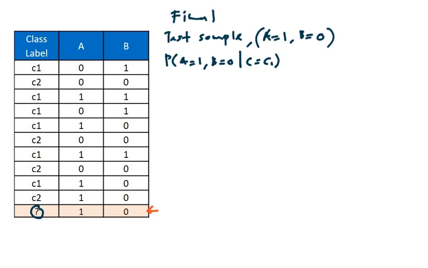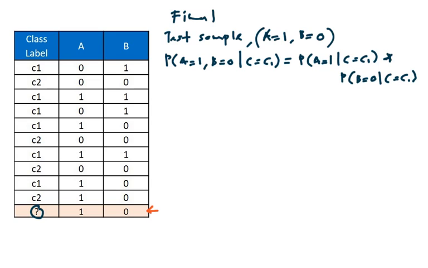This will give me the probability of A equals 1 given C equals C1, and then you multiply with the probability of B equals 0 given C equals C1. So the probability of A equals 1, B equals 0 given C equals C1 is equal to the probability of A equals 1 given C equals C1 multiplied by the probability of B equals 0 given C equals C1.